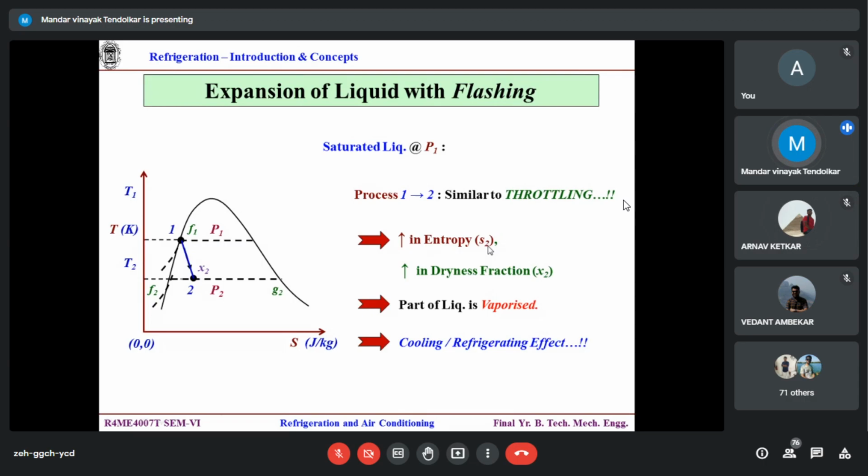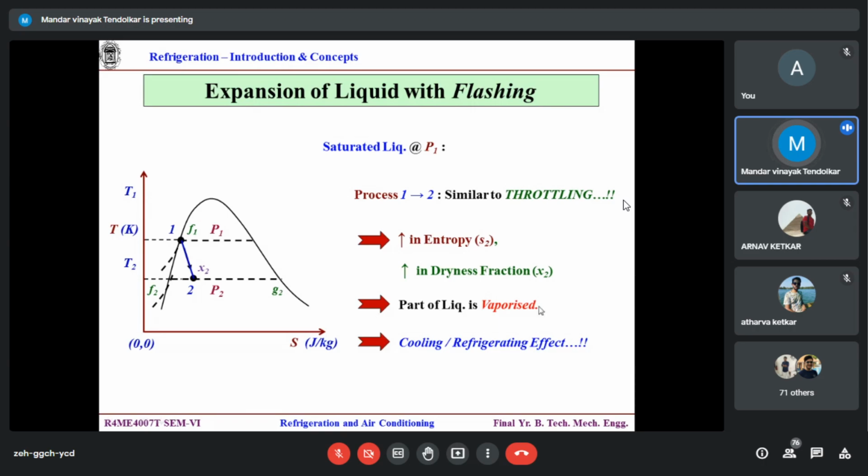So there is an increase in entropy, S2 greater than S1. And since it starts from dryness fraction x equal to 0 and goes to some specific positive value x2, positive in the sense greater than 0, never negative, my dryness fraction also increases. x2 is greater than x1; x1 is 0, saturated liquid, and x2 will have some value.